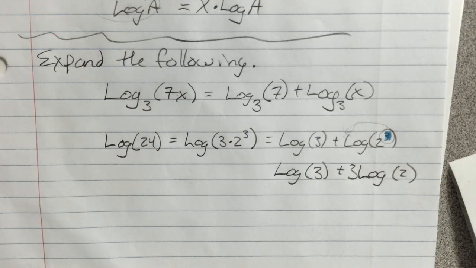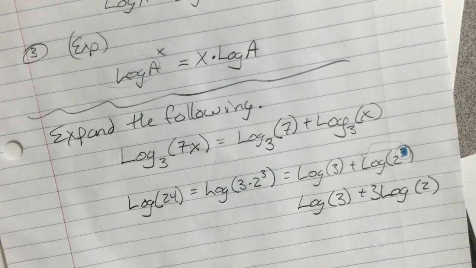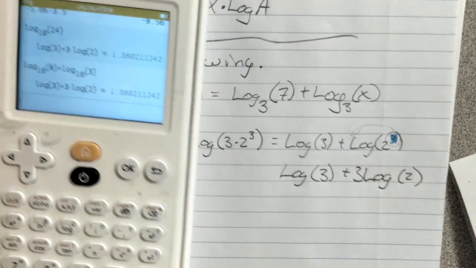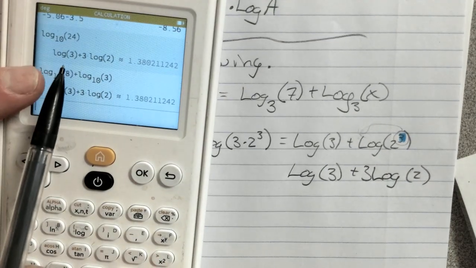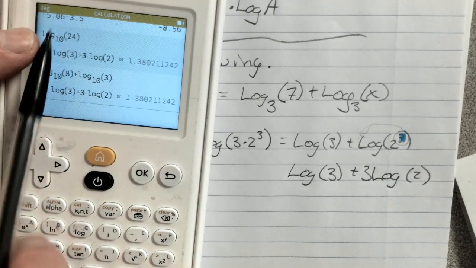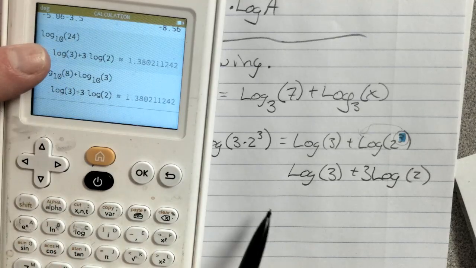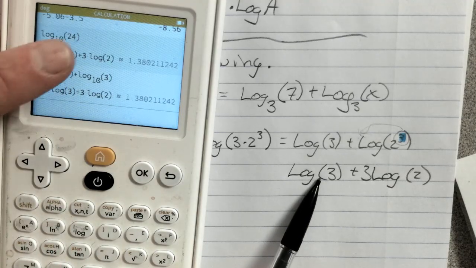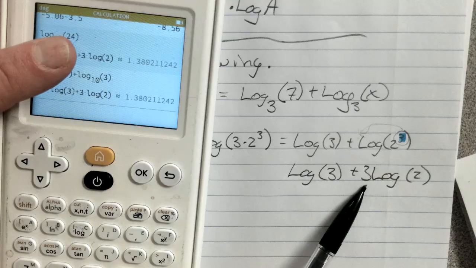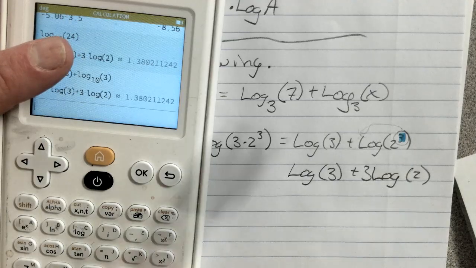Right? Y'all see that last step? So when I'm looking at my calculator, when I did log base 10 of 24, it kicked back with the log base 10 of 3 plus 3 times log base 10 of 2. Right?